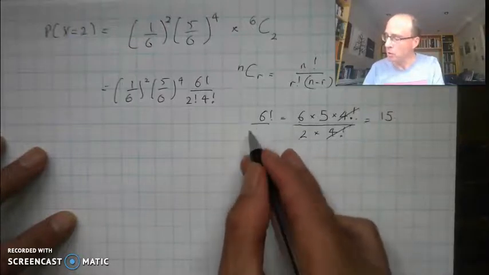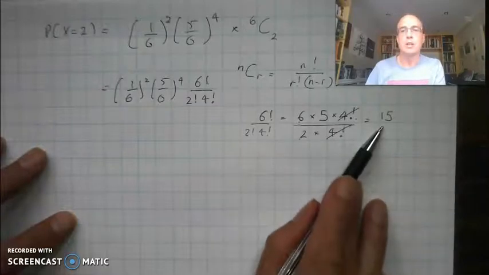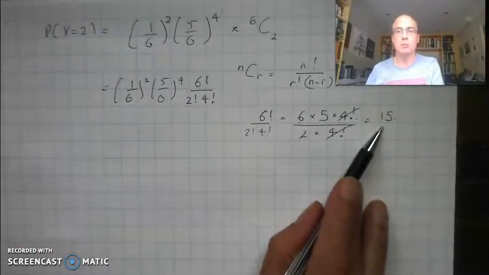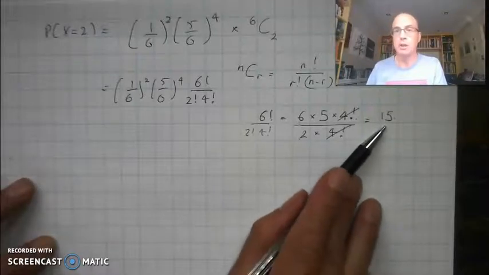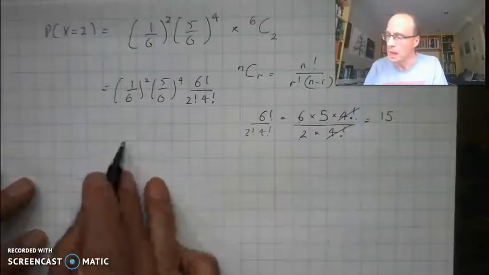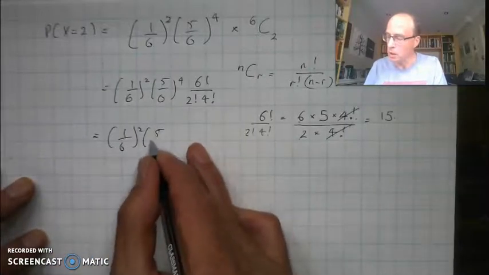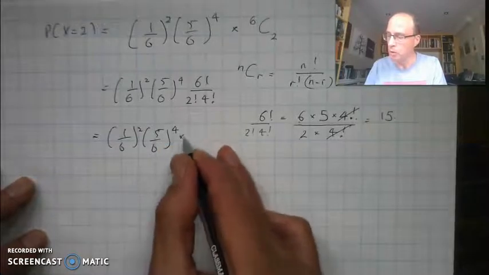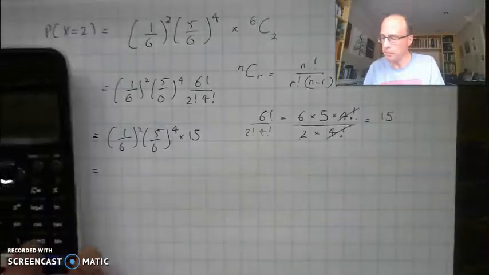So this was 6 factorial over 2 factorial, 4 factorial. The number of possible ways of choosing my 2 successes out of the 6 rolls is 15 unique combinations. So this is equal to 1/6 squared times 5/6 to the power 4 multiplied by 15. And pop that into the calculator.